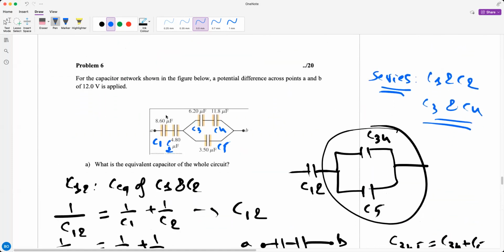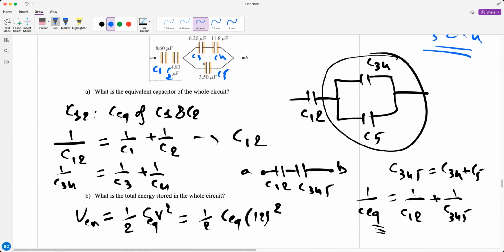Yes, 8.6 and then 4.8. The question was to calculate the energy stored in 4.8, right? Okay, tell me which one you want. This part.